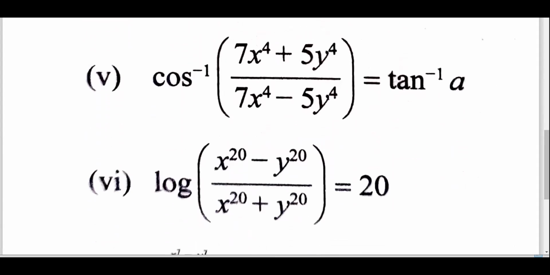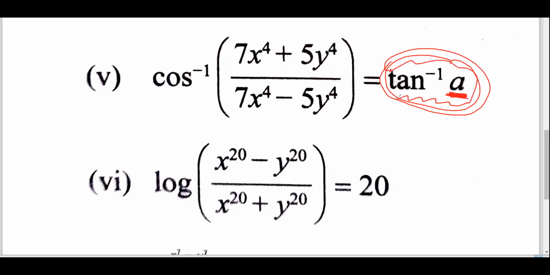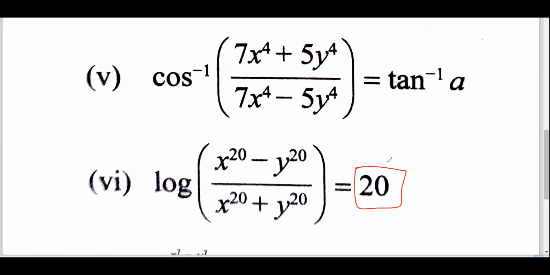Now a being a constant, tan inverse of a is also a constant. You could have written anything without x or y, that would be a constant. Just because you have tan inverse, that does not make it a variable. It is still a constant. See here also you have a constant, so constant on the right hand side.